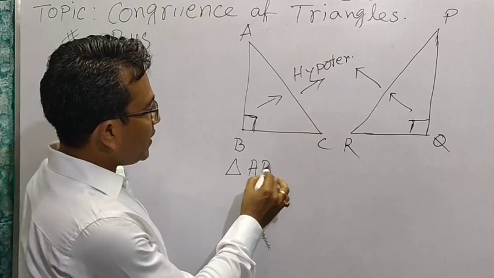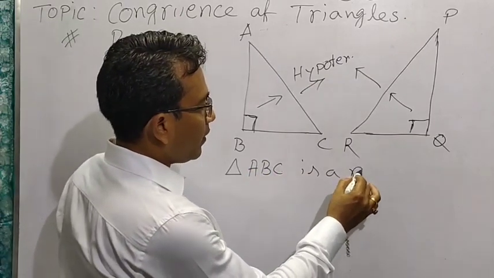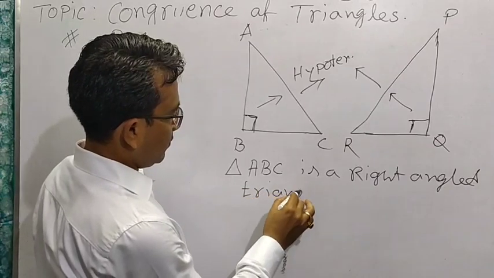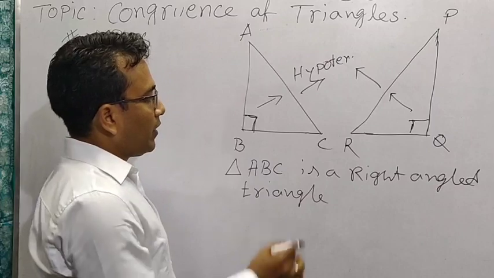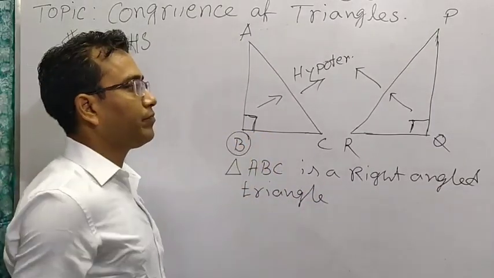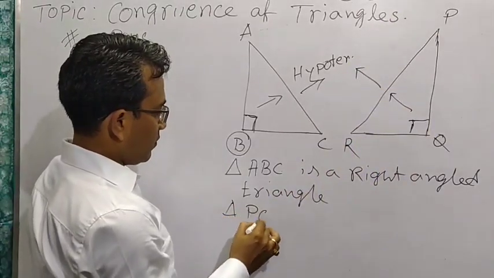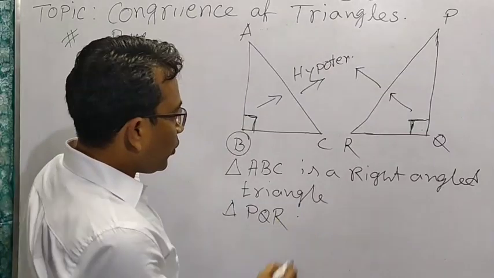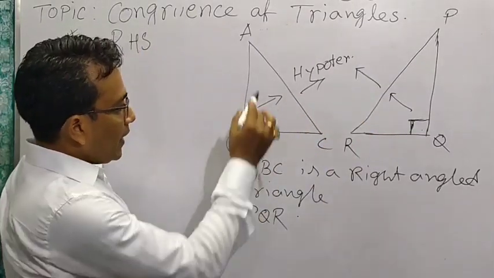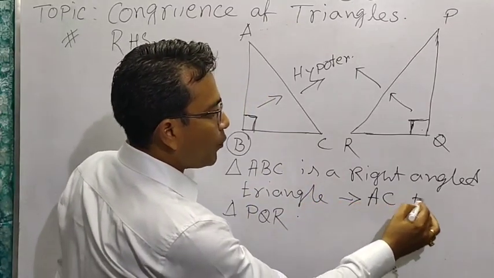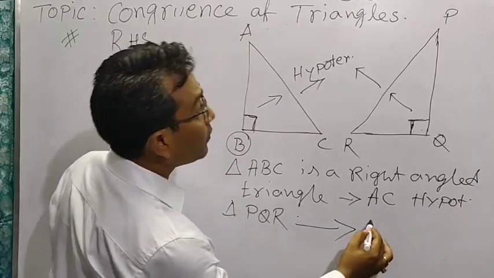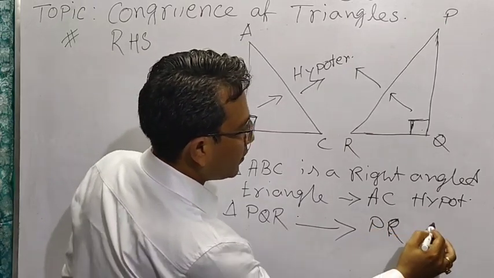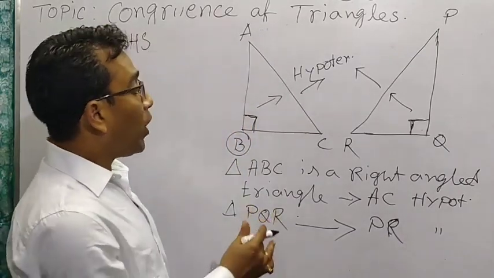Triangle ABC is a right angled triangle, right angled at B. PQR is another right angled triangle, right angled at Q. So in these two figures, AC is the hypotenuse. Here PR is the hypotenuse.